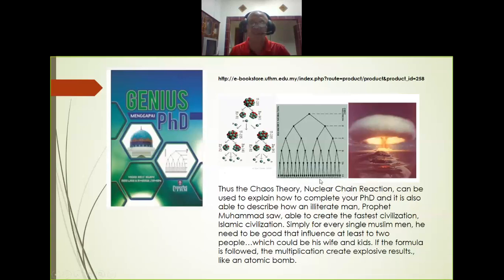So the basic is simple. In finding a way to get a PhD, you start at one point and end up at many, and then you start at many points and end up at one point. So the chaos theory, the nuclear generation, can be used to explain how to complete your PhD.